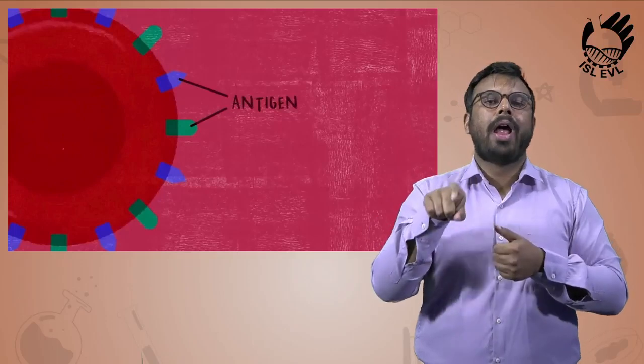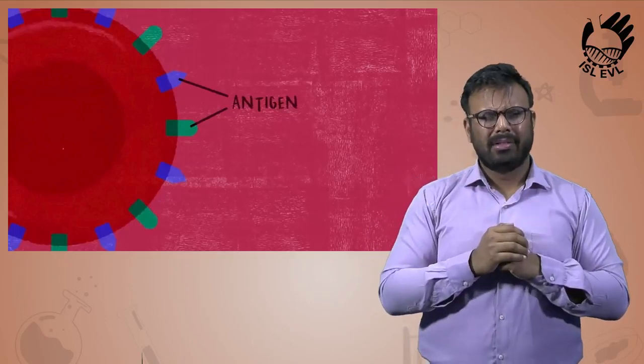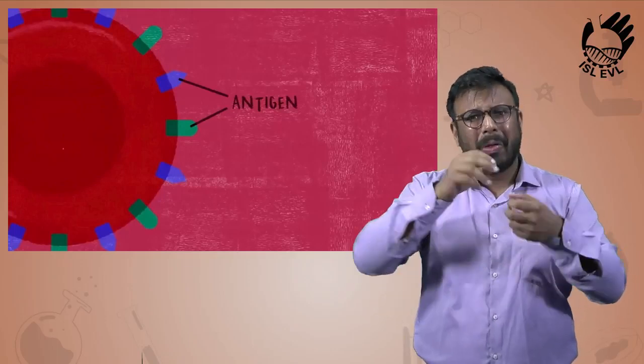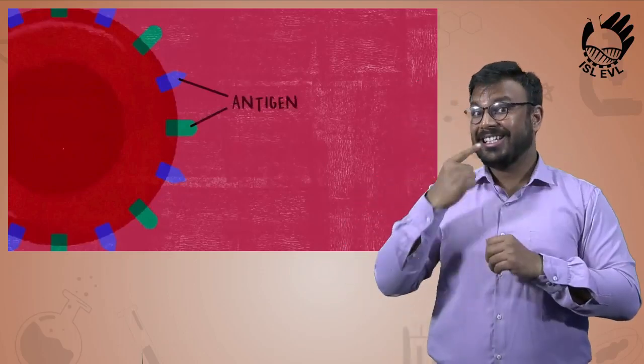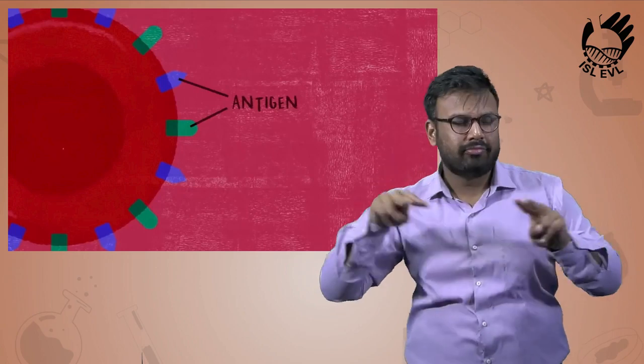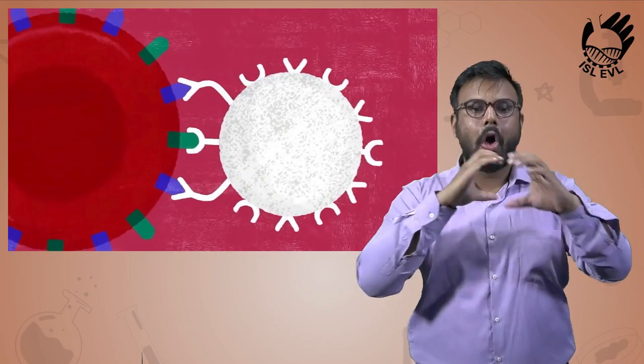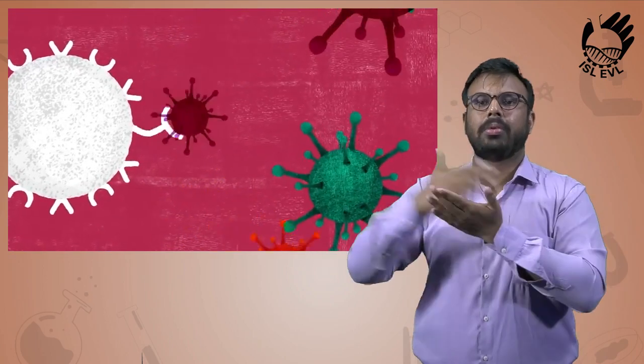These proteins are known as antigens. Antigens communicate with white blood cells or WBCs. WBCs are immune cells that protect us against infection.